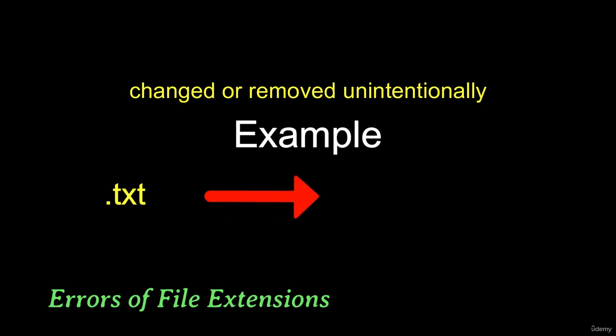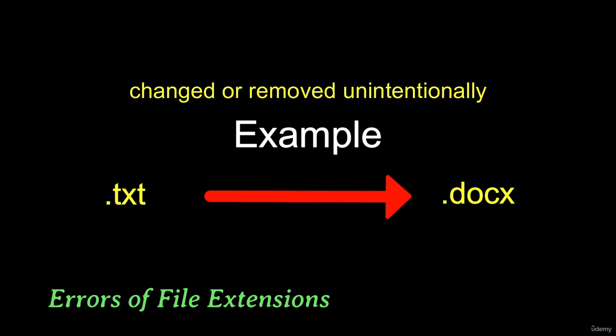Let's list a few of them which are important. The most common error is when a file extension is changed or removed unintentionally. Okay, that is one reason. For example, if we change the text document file, that is a .txt file, to a .docx file, what will happen?